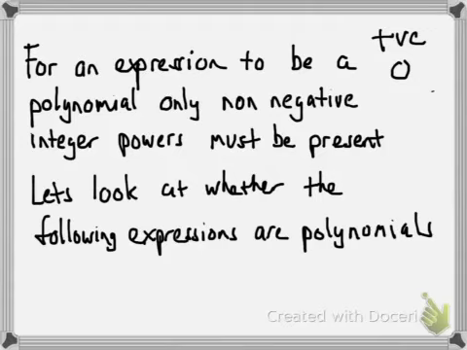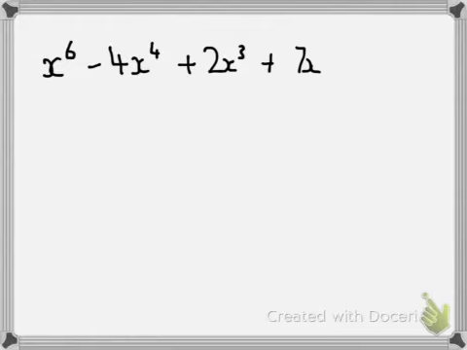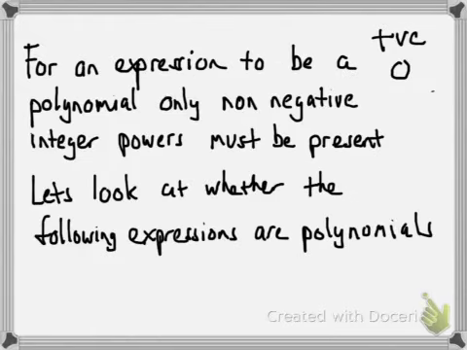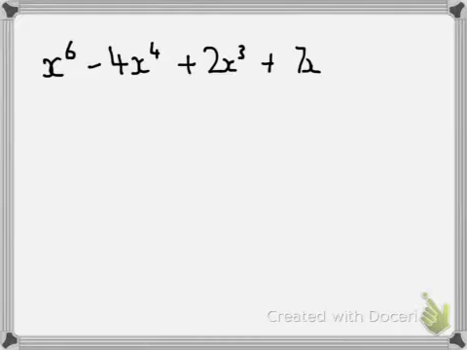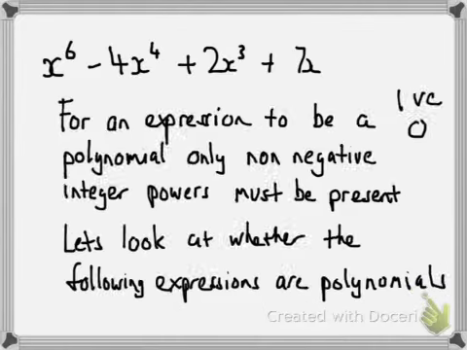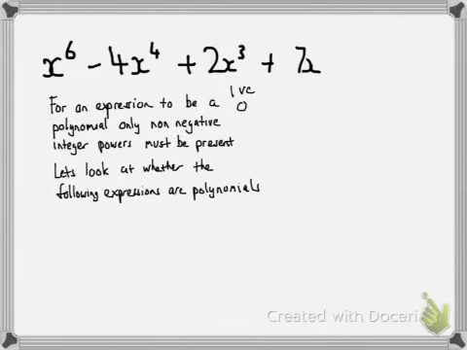Let's have a look at some expressions and see whether they're polynomials or not. Let's look at this first one. In fact, what we might do is take that little definition and copy it across to the next page, so we can look at it again.